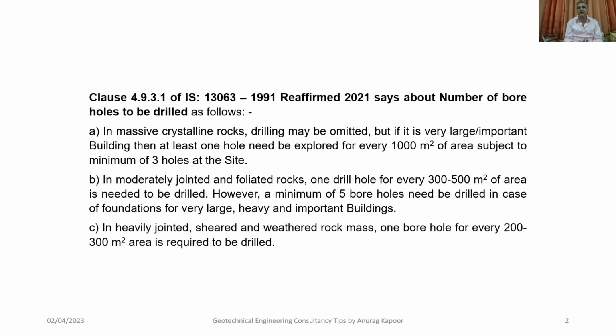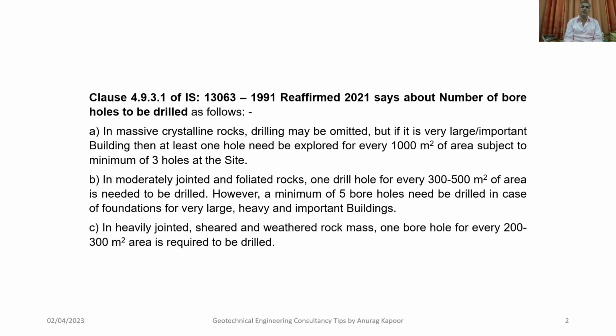The subject topic: how to decide the number and depth of boreholes. Clause 4.9.3.1 of the code says that in massive crystalline rocks drilling may be omitted, but if it is a very large important building, then at least one borehole need be explored for every 1000 square meters of the area, subject to a minimum of 3 boreholes at the site.